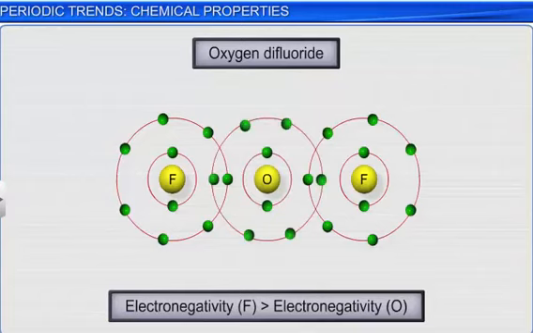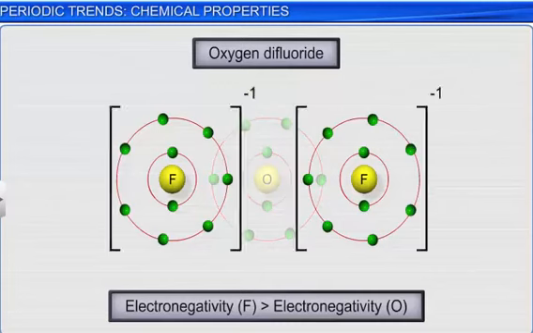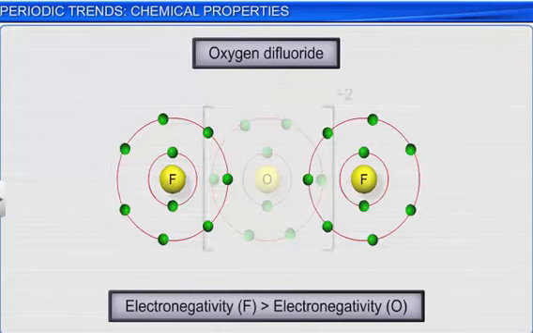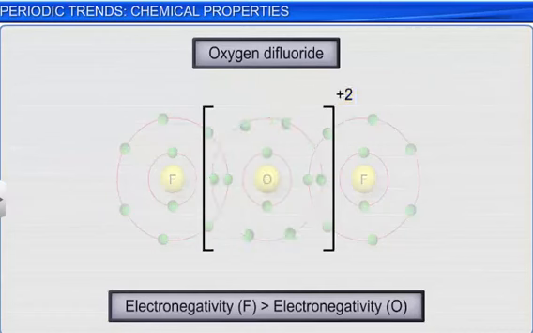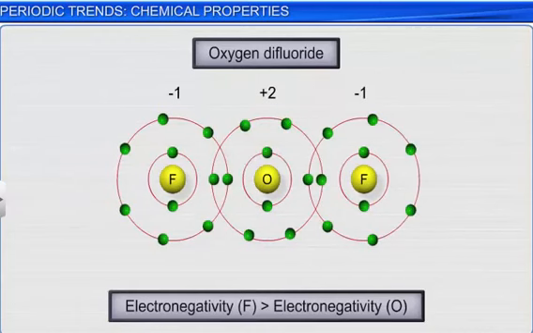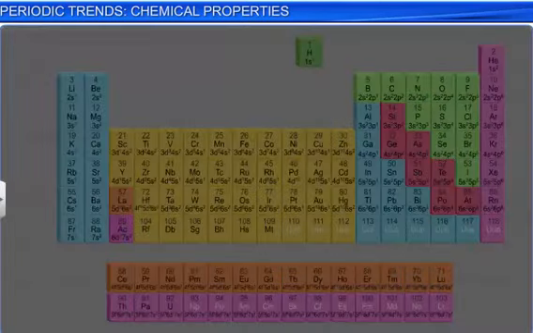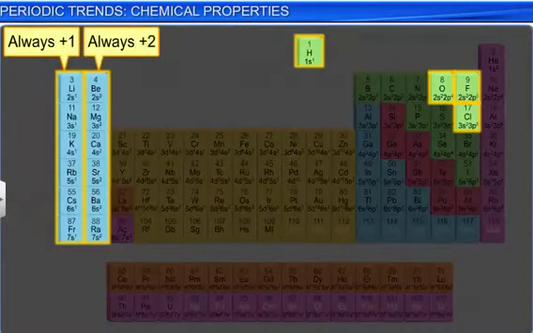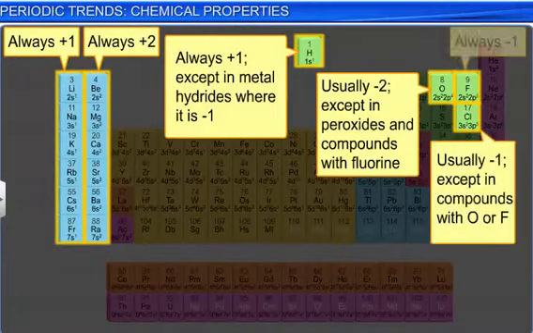Therefore, when fluorine combines with oxygen, the two fluorine atoms show an oxidation state of -1 each, and oxygen shows an oxidation state of +2. Some elements always have the same oxidation state in their compounds, with few exceptions.